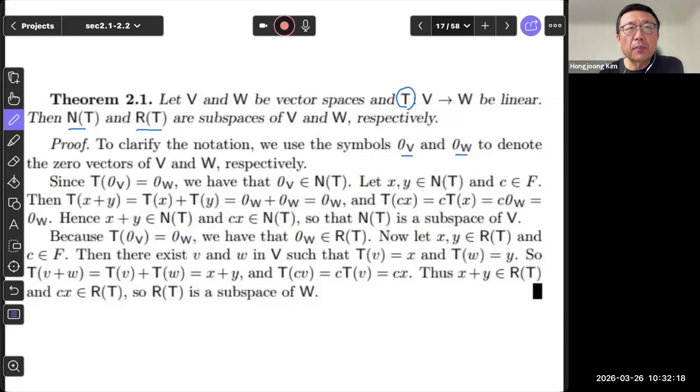T is a linear mapping, so the zero vector will be mapped to the zero vector, meaning the zero vector in V is in the null space, and the zero vector in W is one of the vectors in the range. This identity shows that the null space includes zero, but that is trivial.